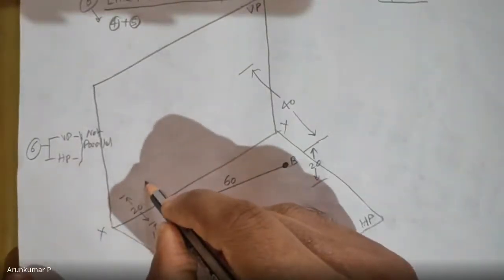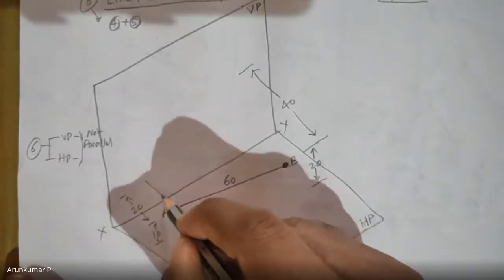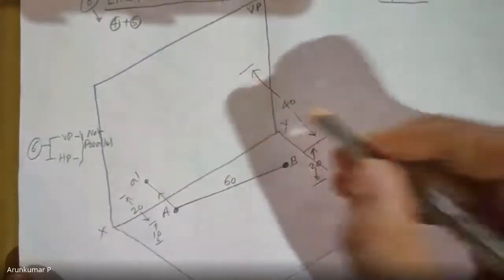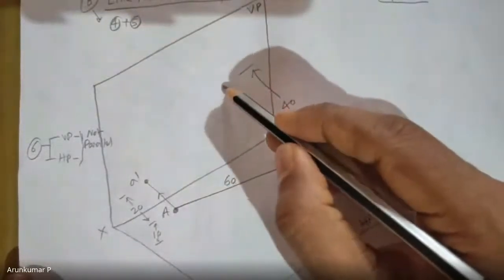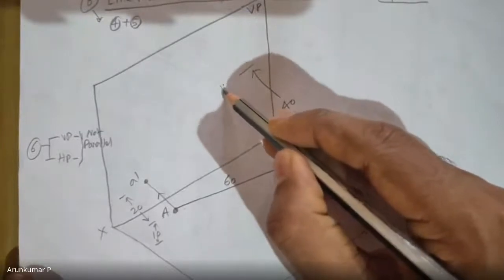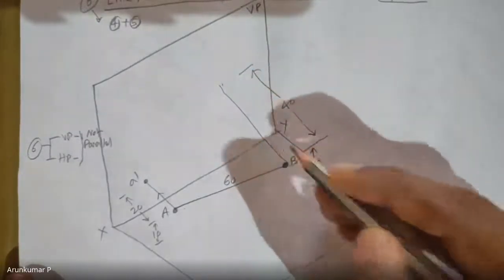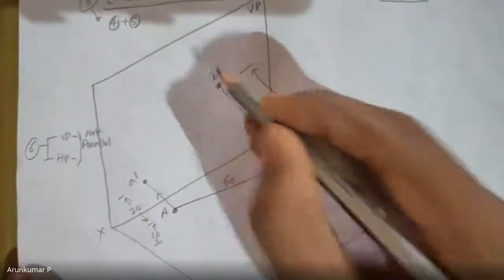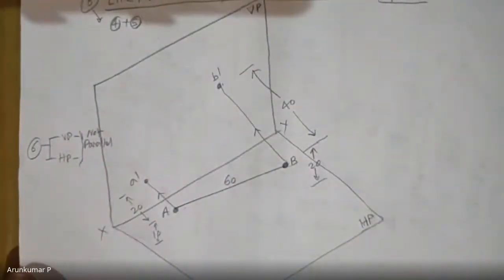Front view. I'll project A onto VP, I'll get A dash. I'll project B onto VP, I'll get B dash. Clear?